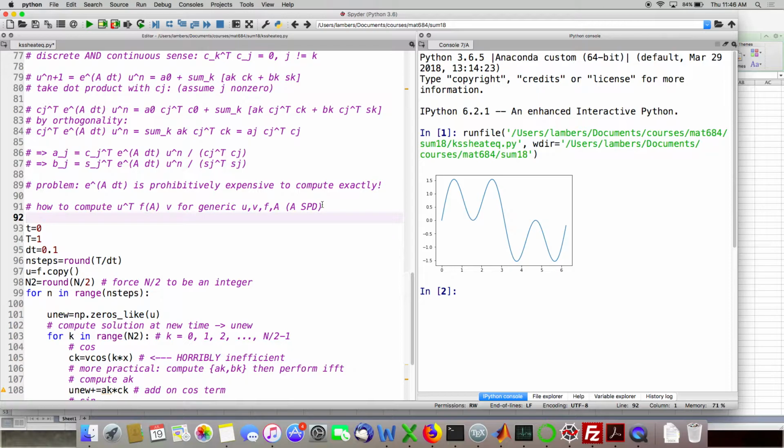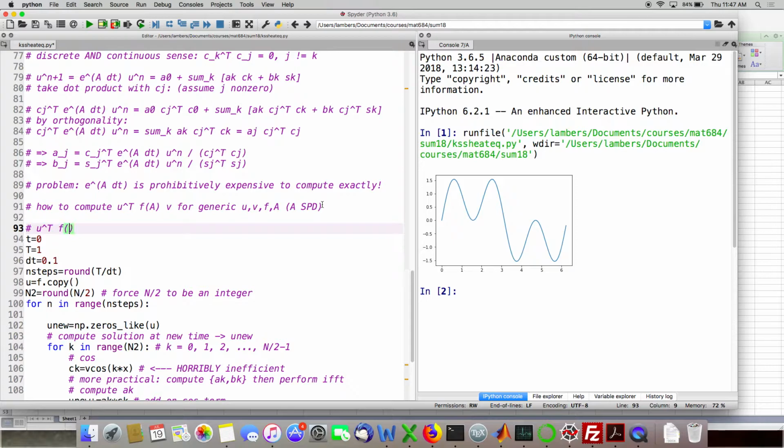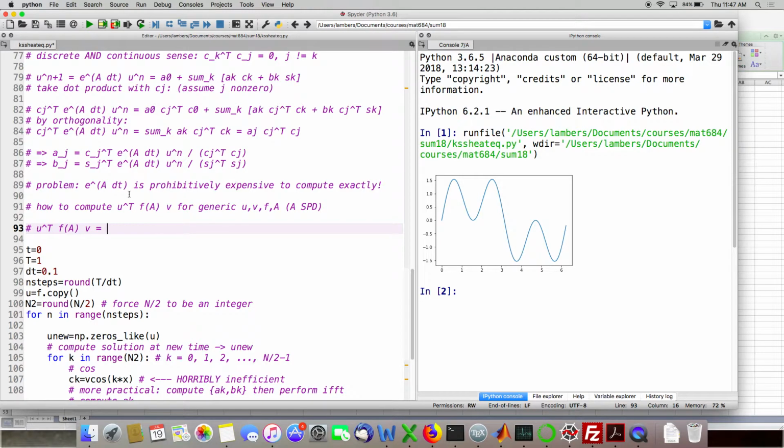So first thing that's done: when we have U not equal to V, which we do in our case, that's called a bilinear form. I'm going to express this bilinear form in terms of two quadratic forms where you have the same vector on either side. So I can write this as U plus V transpose f of A U plus V, minus U minus V transpose f of A U minus V, all over 4.